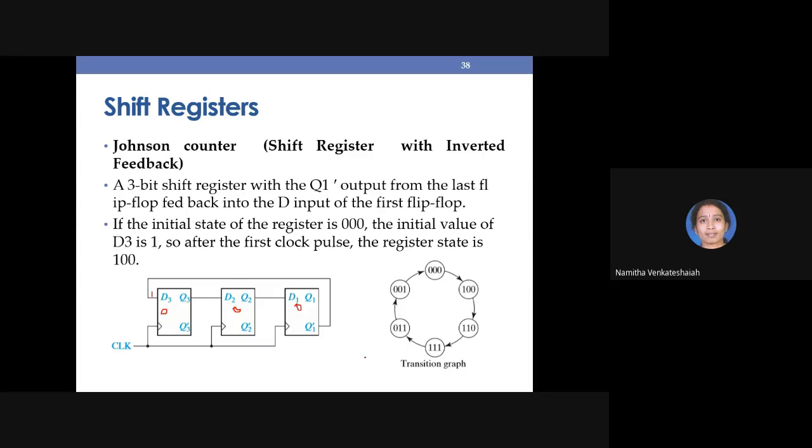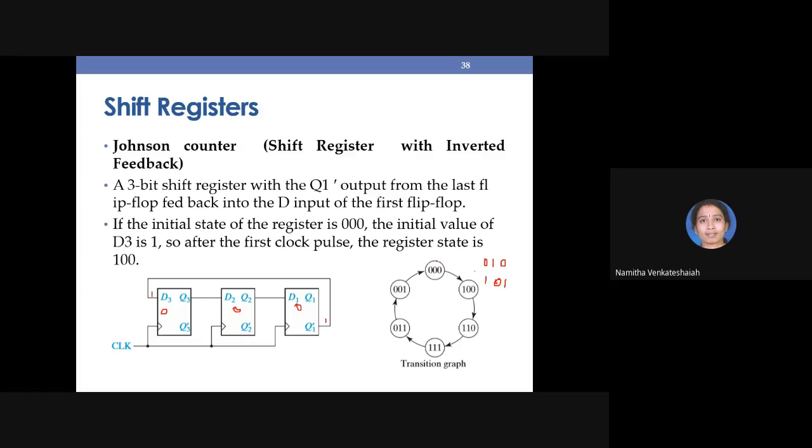But if the initial state is 010, can you tell me what happens? If the initial state is 010, here 1 will be fed back. So it will become 101.